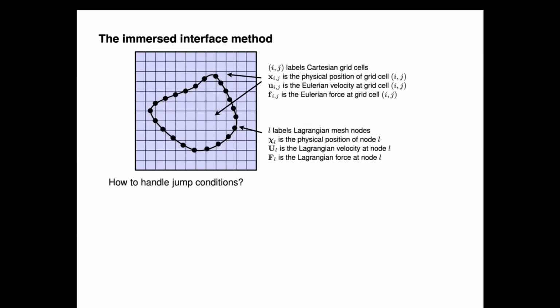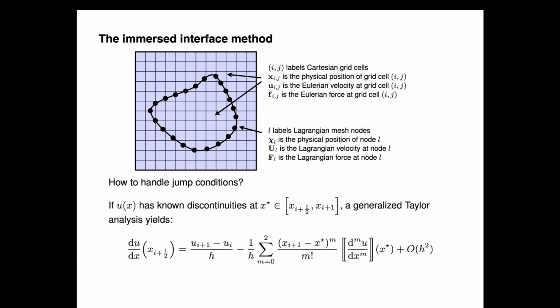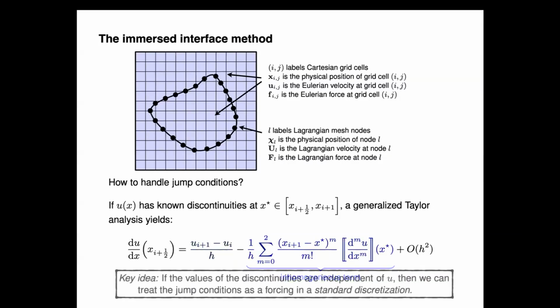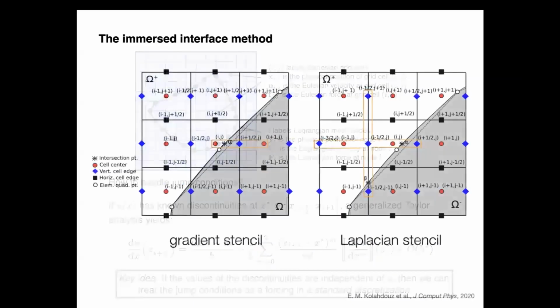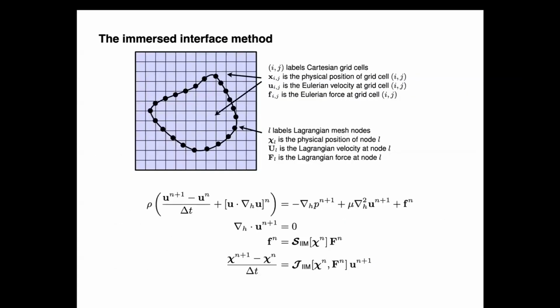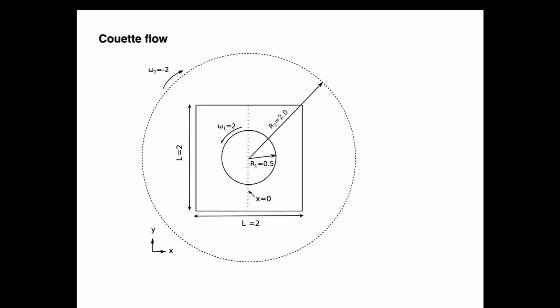You can build those into your discretization in a variety of ways. I like to use methods based on generalized Taylor expansions, where at the end of the day, if you've got known discontinuities, you're just solving the regular old 5-point or 7-point Laplacian.